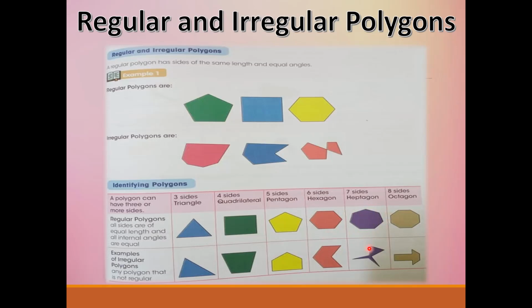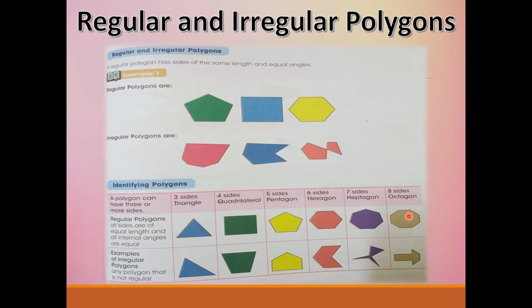But look at this. Of course, it doesn't have any equal length of the sides. So 1, 2, 3, 4, 5, 6, 7. Again, it has 7 sides, but then the lengths are unequal. So this is irregular. Now this one here, we have 8 sides. So this is octagon.